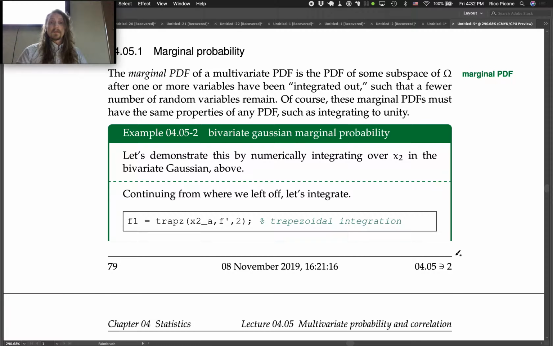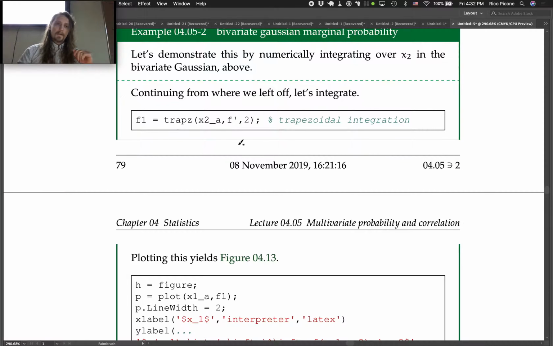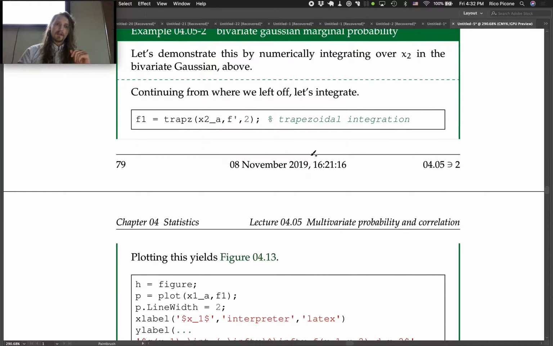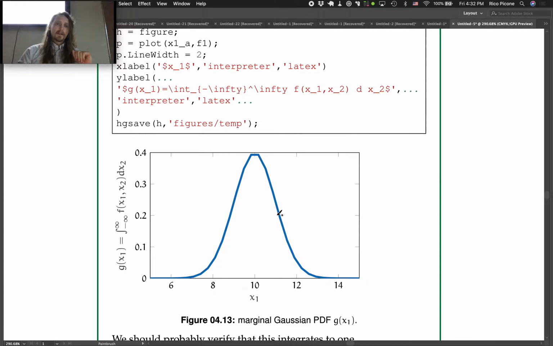Let's demonstrate this by numerically integrating over x2, which will give us the marginal probability density function, or marginal PDF, of x1. We've integrated over all of x2. So we'll use the trapz function, trapezoidal integration, and I'll just plot it. It's a little rough.